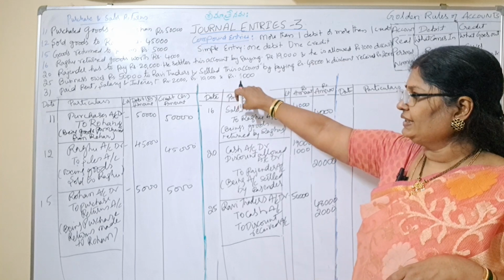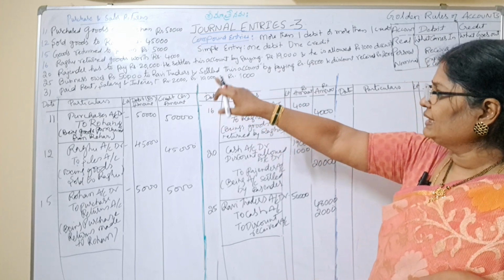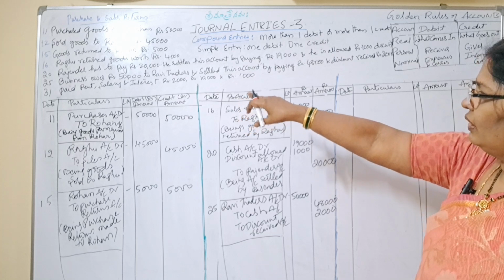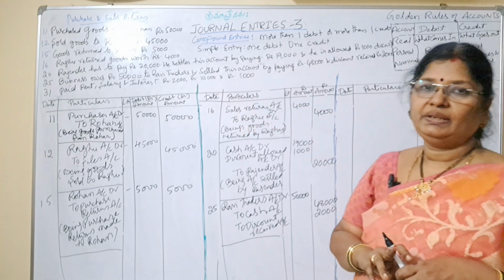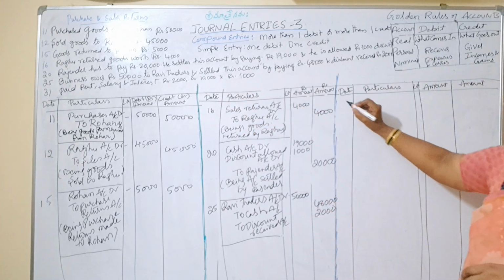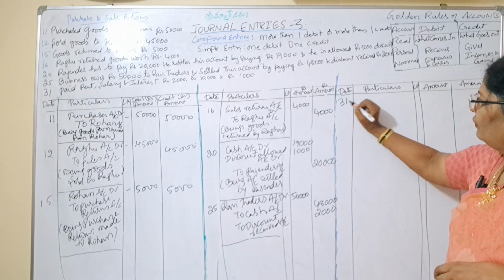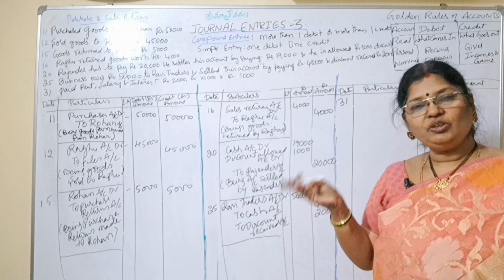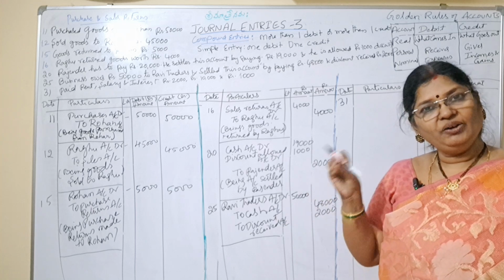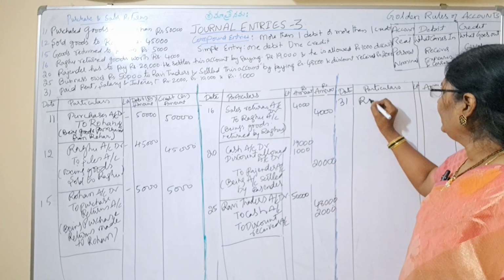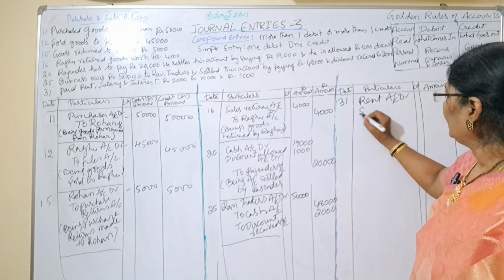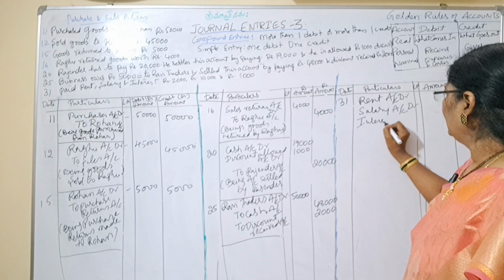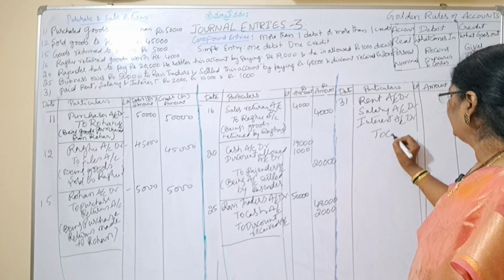Next, we'll see the last entry, that is paid rent, salary, and interest on 31st January. So here we will write January 31st. What have we paid? We have paid rent. All expenses are to be debited according to which rule? Nominal rule. So rent account debtor, salary account debtor, interest account debtor, to cash account.